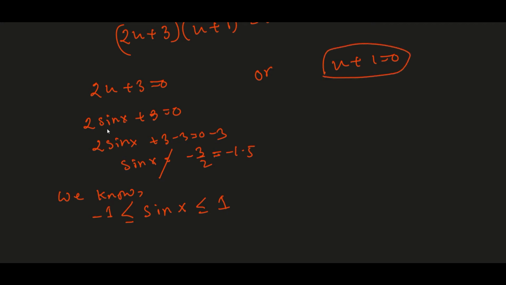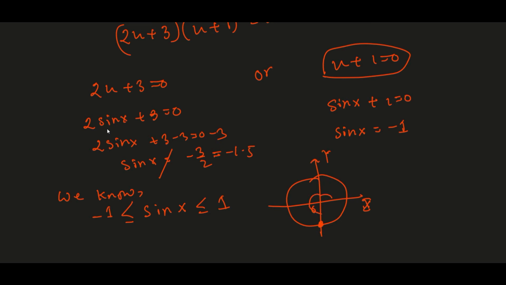So let's substitute u back again here. Sine x plus 1 equals 0, which can be written as sine x equals negative 1. And we know on the unit circle, sine x equals negative 1 is only possible at this position, which is 3 pi by 2.